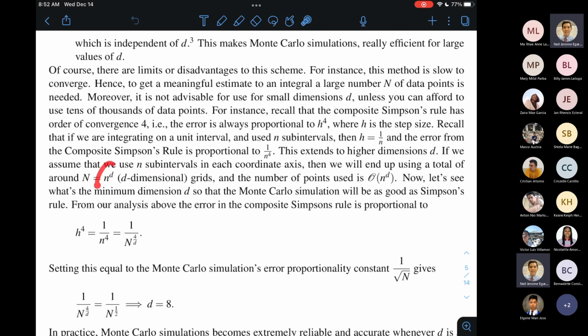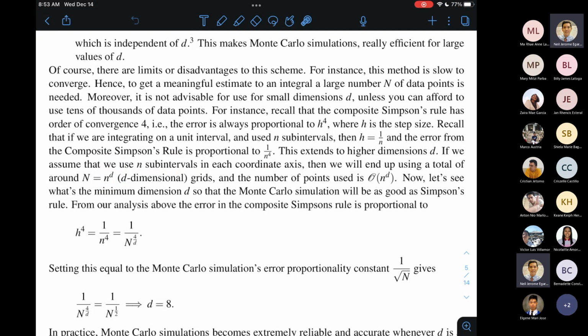So in all, I will get a multiple of n to the d na grid points. Or actually, kung nasa 2 dimensions tayo, ito ay mga rectangles, 3 dimensions, mga cubes. So basically, kung meron kang n intervals sa bawat coordinate axis, meron kang d na coordinate axis, so meron kang around n to the d points na ginagamit.